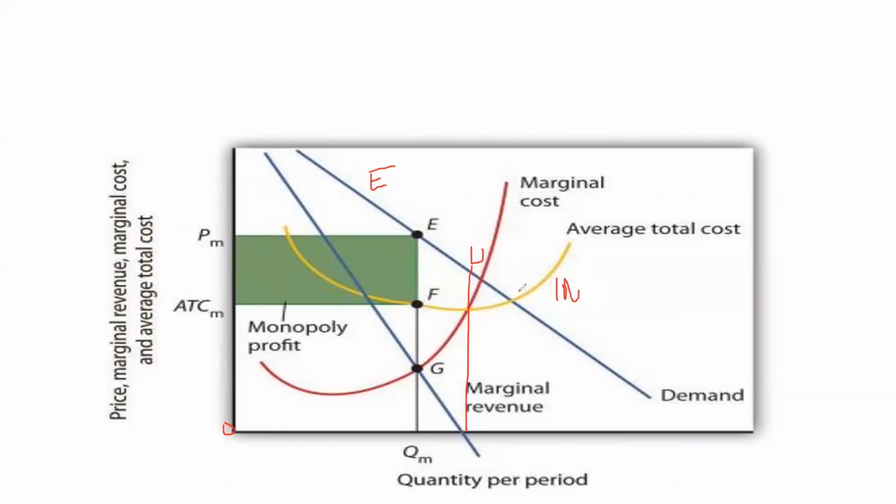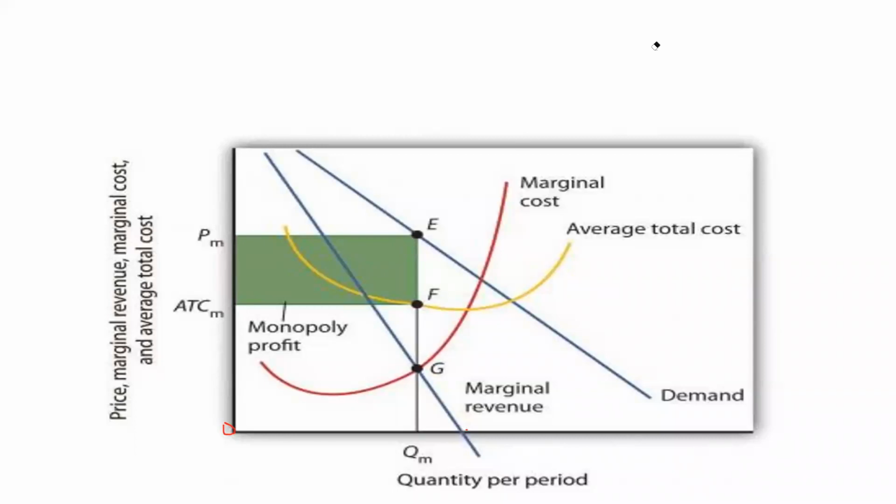Now, where MC crosses demand, there's a couple of things that could happen here. One is that's socially optimal or allocatively efficient. They mean the same. The second thing is if they say this monopoly starts to act or operate like a perfectly competitive market, I go where MC crosses demand, because that's like supply and demand.